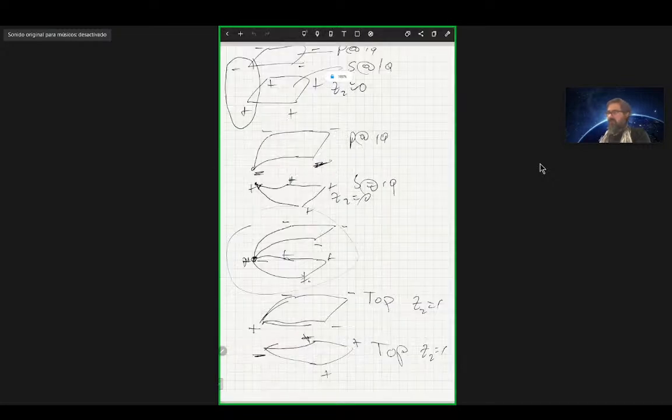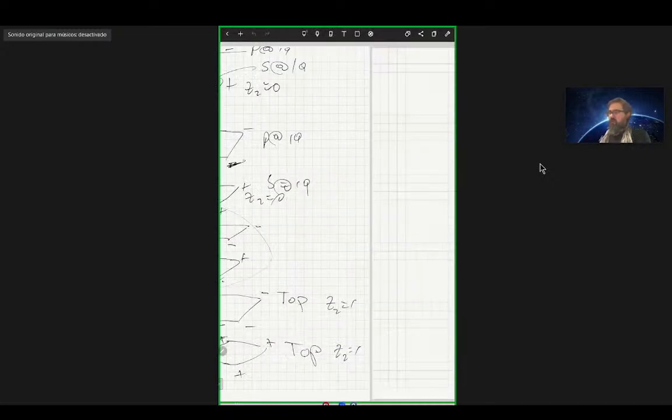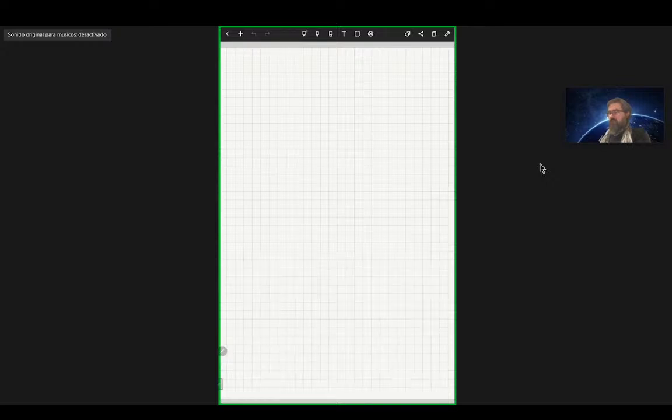So if you add spin, all you need to change in all these arguments, for example, with inversion, is that if I add spin and time reversal, then here I'll have S up and S down.